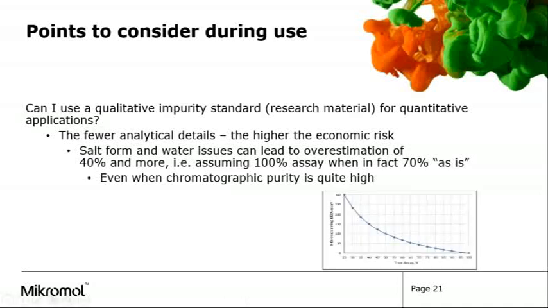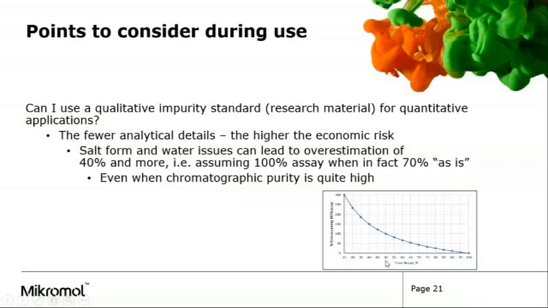And I prepared this little graph that shows on the x-axis the true assay value of a material, and on the y-axis the percent error when you assume that the material is 100%. Of course, when the true value is 100%, the percent error is 0 because you've accurately assessed it.